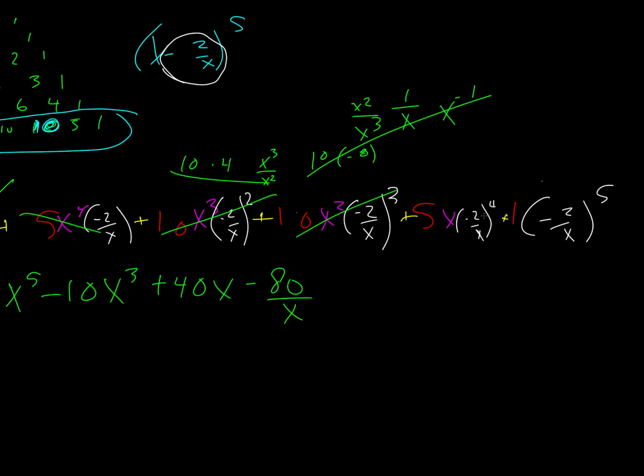Okay, this one we're going to get negative 2 to the 4, which is going to be positive, so this will be positive 16 times 5, and that's going to be 80.